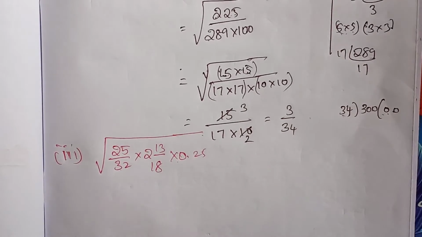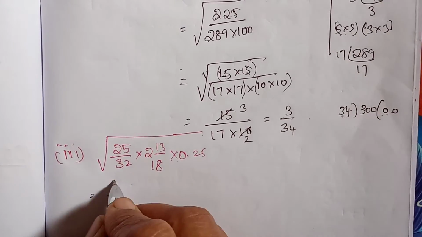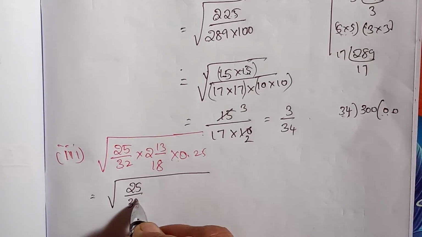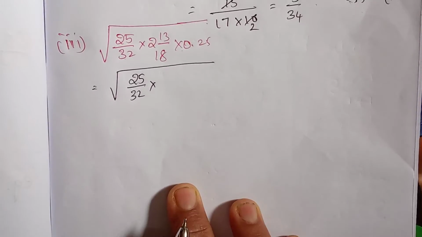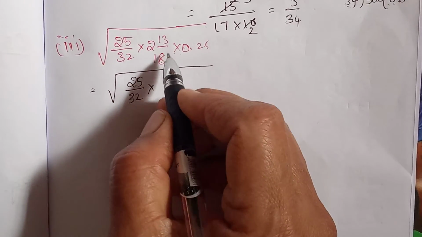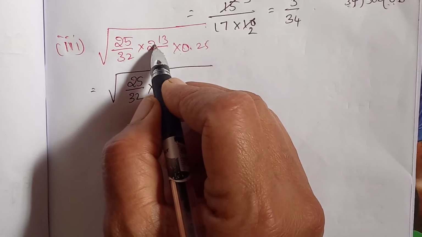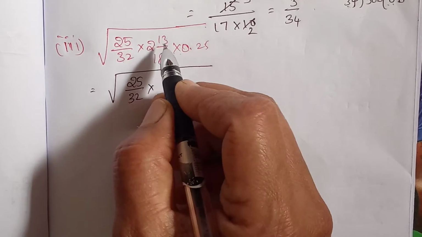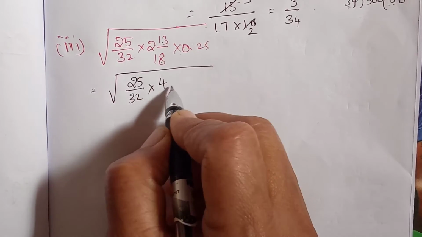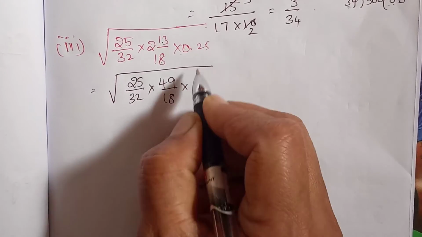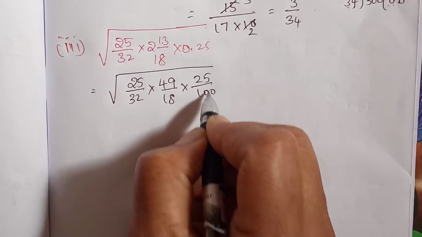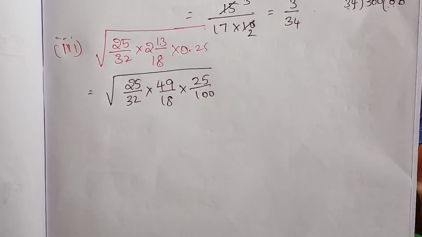Now 25 by 32. I will convert the mixed fraction into improper: 18 twos are 36, 36 plus 13 is 49 by 18, into, I can remove this decimal and write 25 by 100 in the denominator.